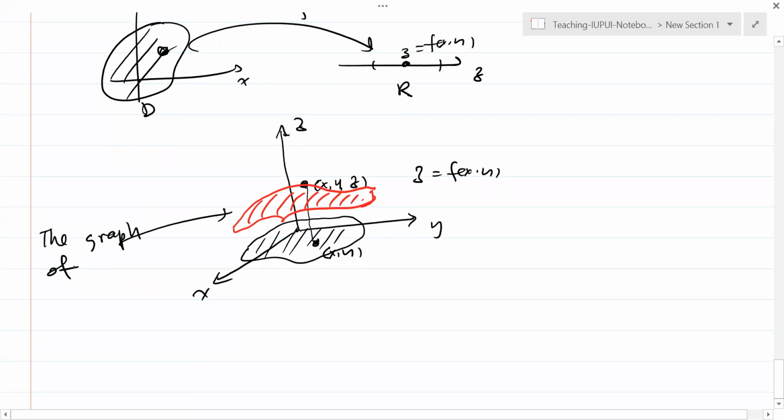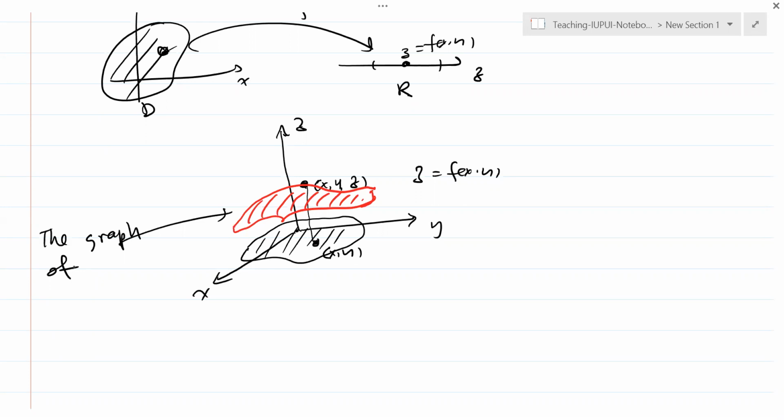The graph gives you more visible data about this function. You can see where the highest point is, which corresponds to the maximum value of the function, and the lowest point on the graph corresponds to the minimum value of the function.